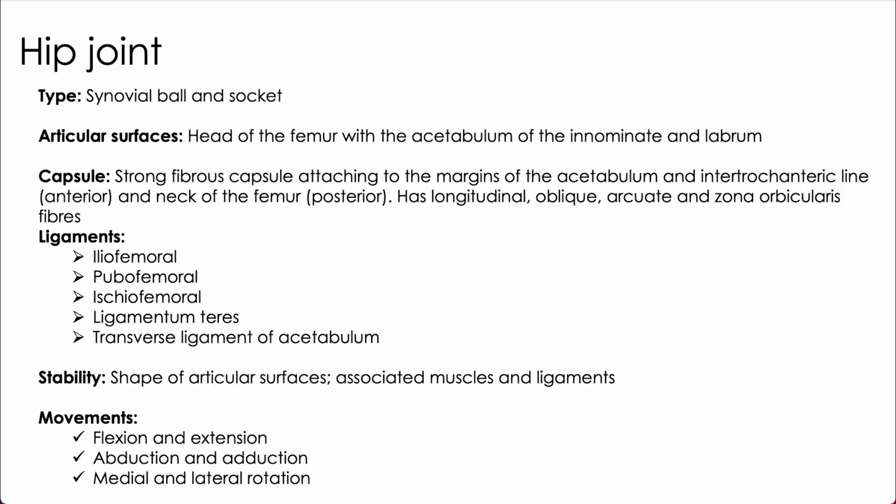And then we have seen the ligamentum teres, the ligament of the head of the femur, and the transverse ligament of the acetabulum, and the stabilizing factor, the shape of the articulating surfaces. And the muscles and the ligaments surrounding this whole area are one of the major factors in stability. And what movements are possible at this hip joint? The movements are primarily flexion, extension, abduction, adduction, and medial and lateral rotation.